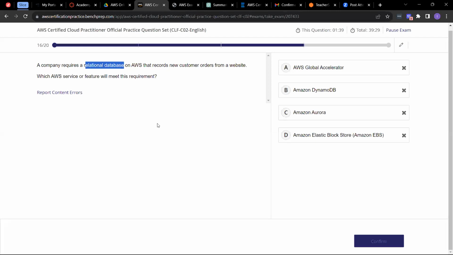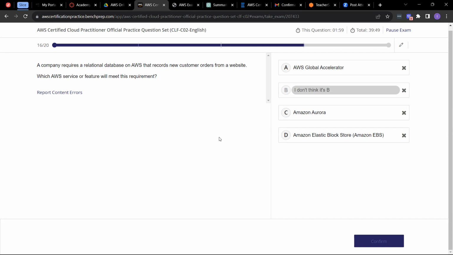Okay, so let's look at B. We are eliminating the wrong answers, right? B is DynamoDB, which is for non-relational databases, NoSQL. So that one is automatically out.